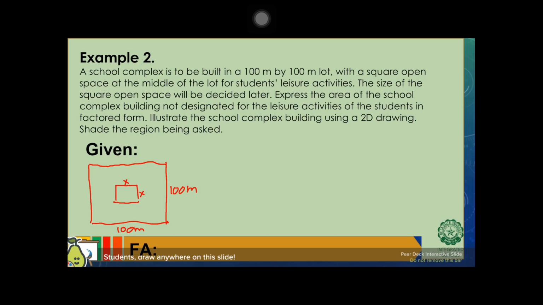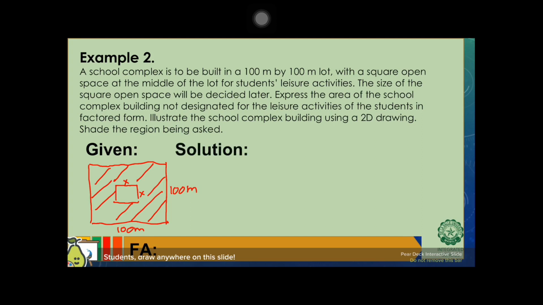And then we need to take note that what is asked in the problem is the area of the school complex building not designated for the leisure activities. And we are supposed to shade that unknown area. And that area we're looking for is this part right here. This part of the open lot will not be included in the open space for the students' leisure activity.